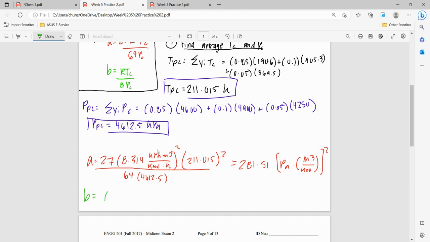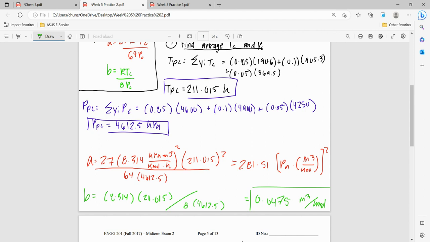So B is equal to 8.314 times 211.015, and it's divided by 8 times 4612.5, and this is 0.0475, and this is in meters cubed per kilomole.